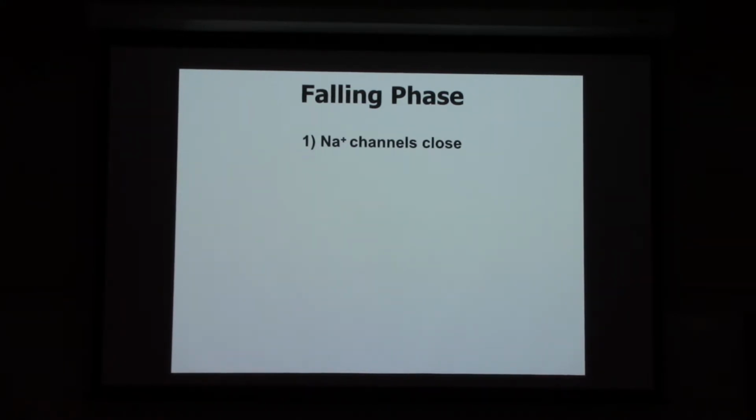But now we have to repolarize the cell, which means get it negative again, or more negative. And that happens with voltage-gated potassium channels. So we open up potassium channels.